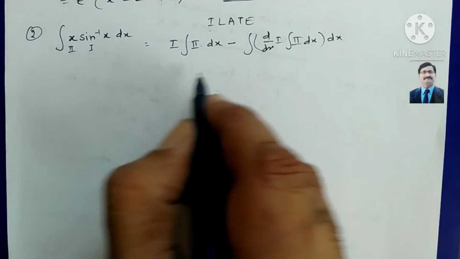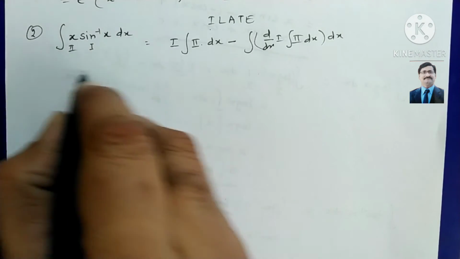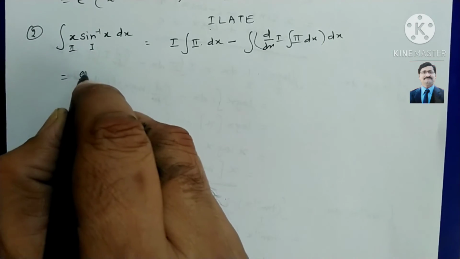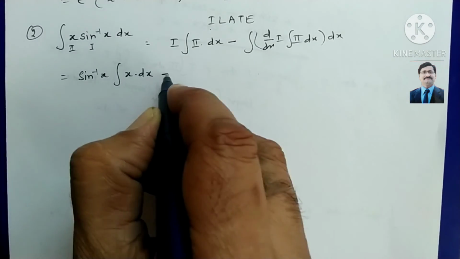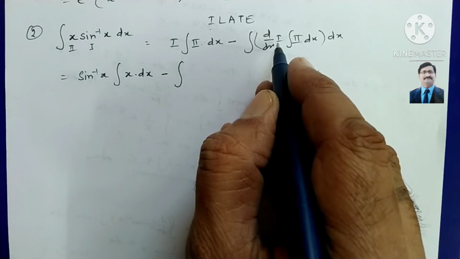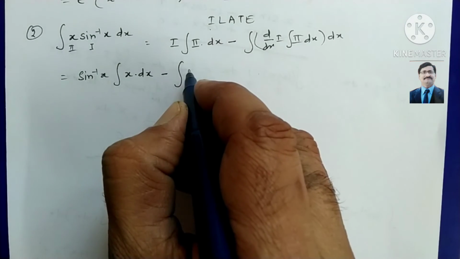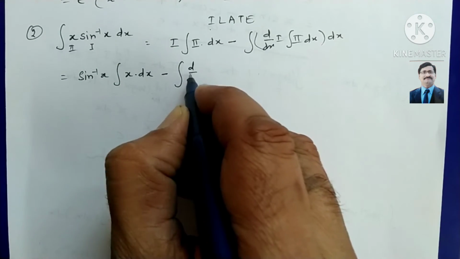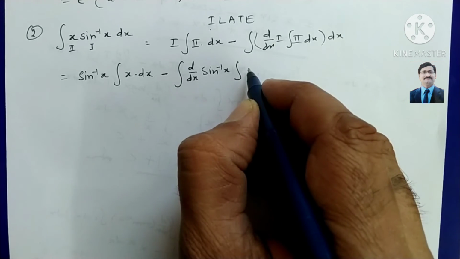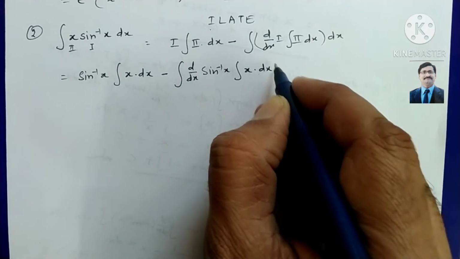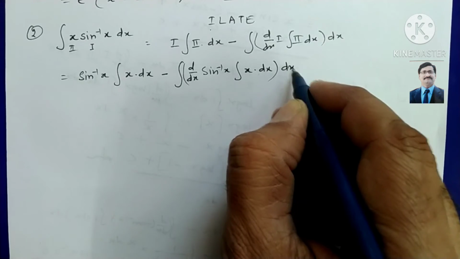Okay, now according to this, first is sin inverse x, and integral of second means x dx, minus integral of differential of first, d by dx of sin inverse x, and integral of second means x dx, and whole dx we can write.